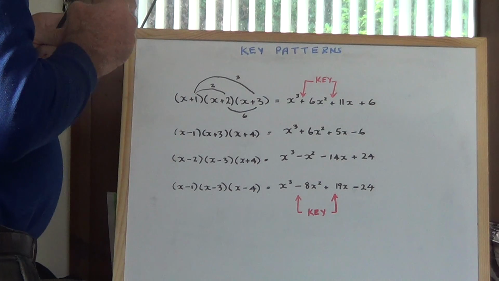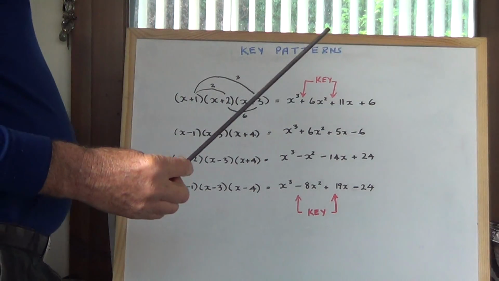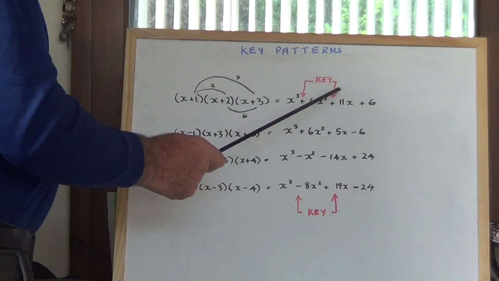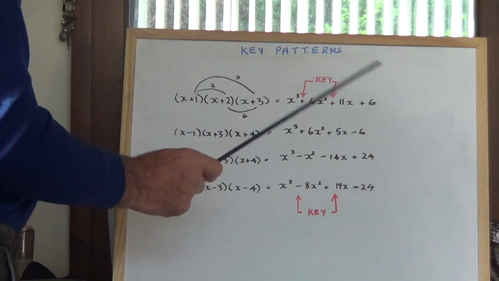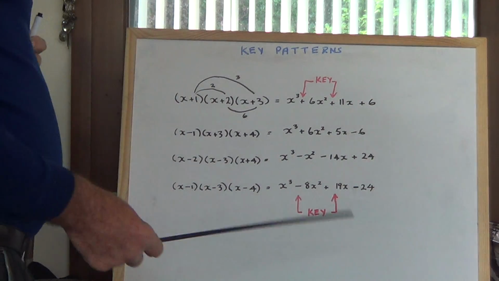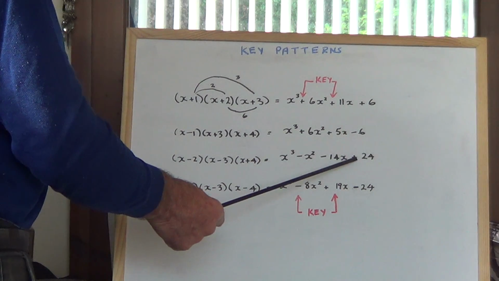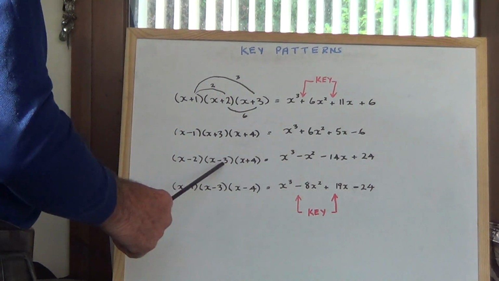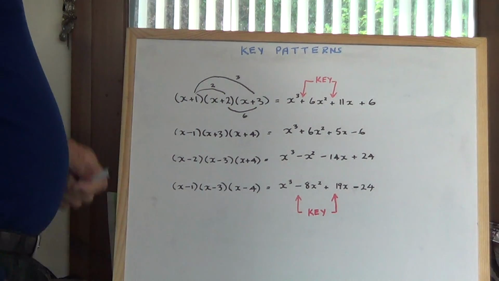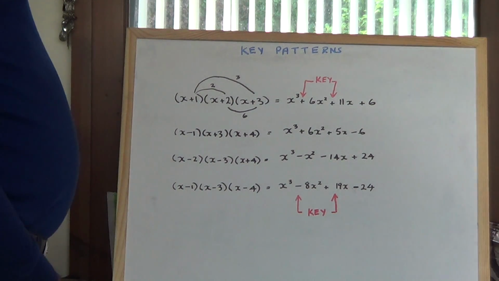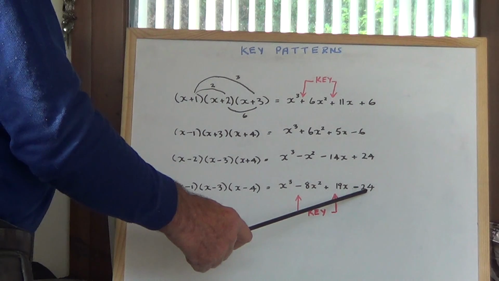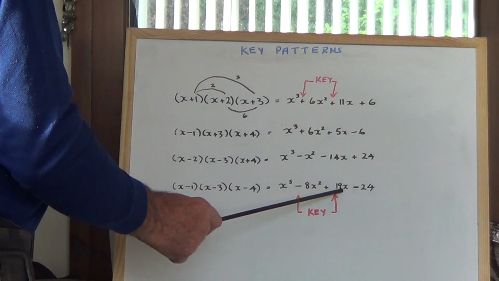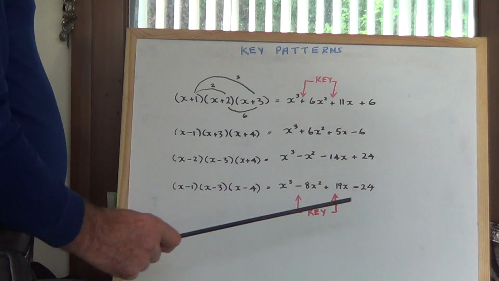Alright, now the key things you've got to look at is this. When something's positive, you look at the other things. If they're positive, then you've got three positives. See over here? We look at that positive, there's other negatives, so you're going to have two negatives. Alright? Now, when you've got a negative on the end, here it is here, the key thing is that the middle number is positive and the front number is negative.